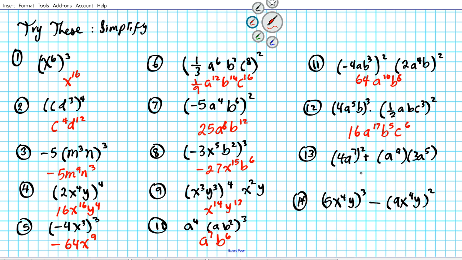Number 13 is 19a to the 14th power, and then number 14 is 44x to the 12th, y to the 3rd power. Okay, so there goes the answers to the practice problems.